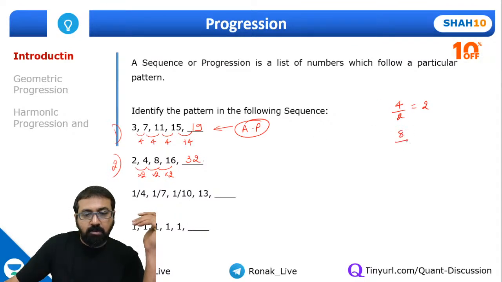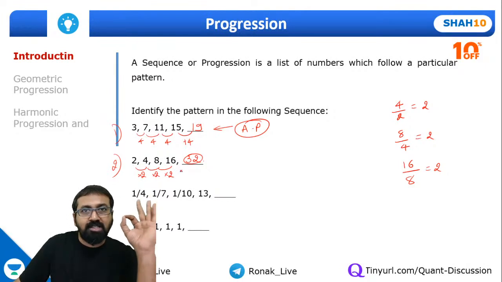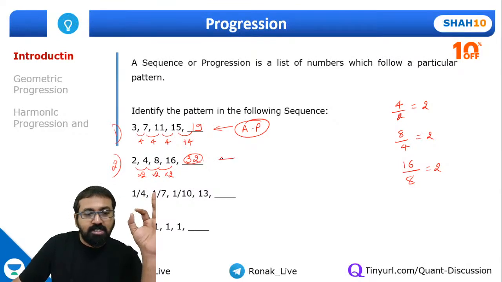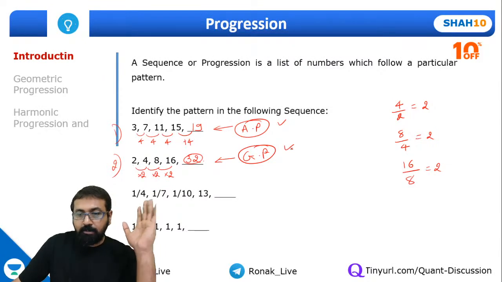Same way, third term upon second term, again it's 2. Fourth term upon third term, again 2. So if I take 32 over here, 32 upon 16 is also 2. So the ratio between two successive terms is the same. This type of progression or sequence is called geometric progression. Right, so we have understood what arithmetic progression and geometric progression are.